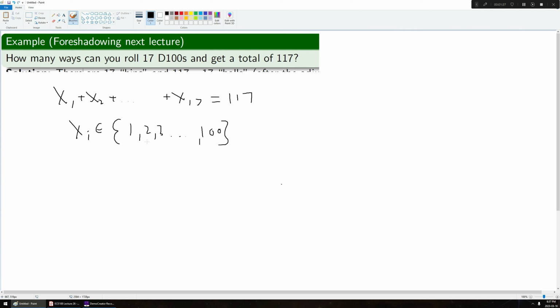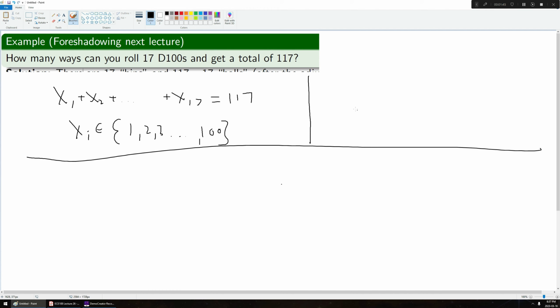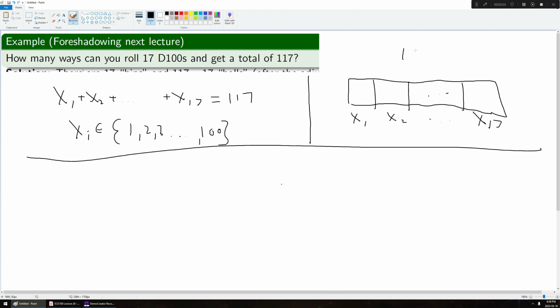If I wanted to think of this question as the bin version, I could say I have x1, x2, all the way up to x17, and I can represent these as little bins, where I draw in my little dividers. Since I have 17 variables, there are going to be 16 of these dividers.